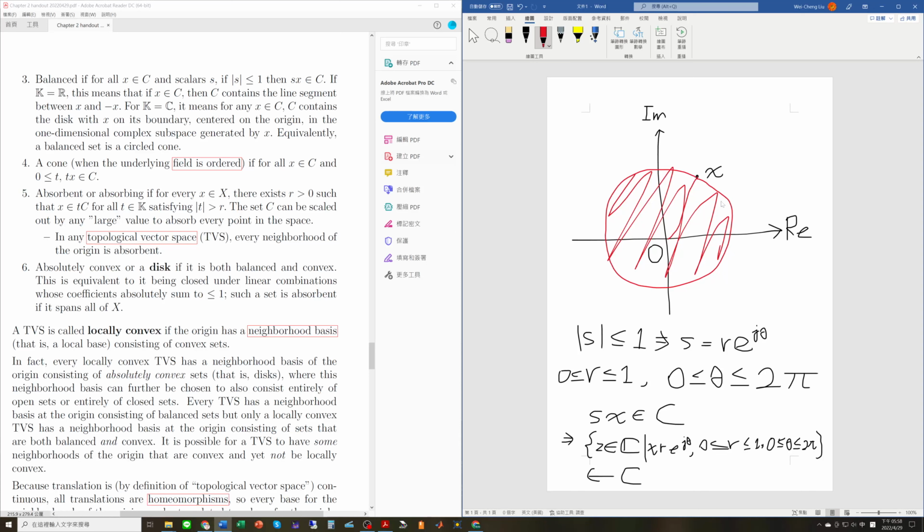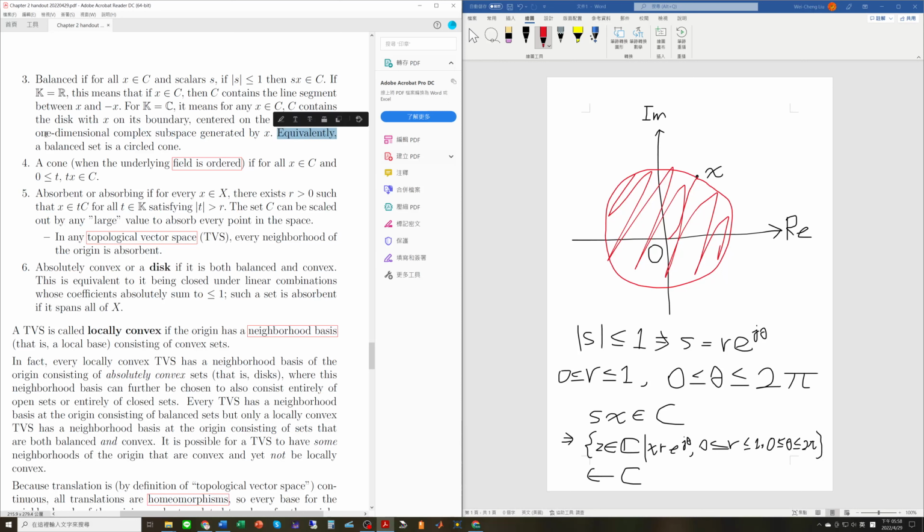This is a disk centered on the origin, in the one-dimensional complex subspace generated by x, with the real part and the imaginary part.